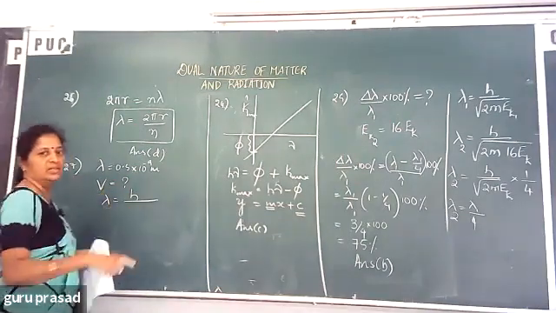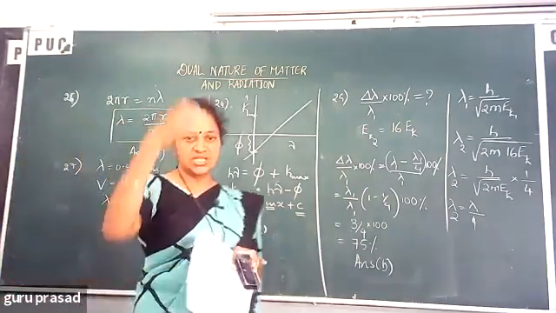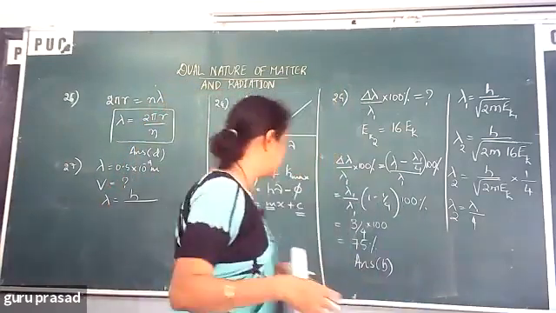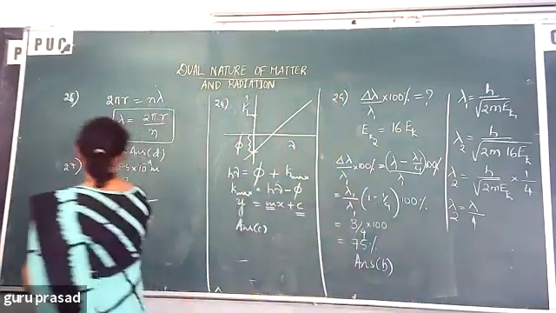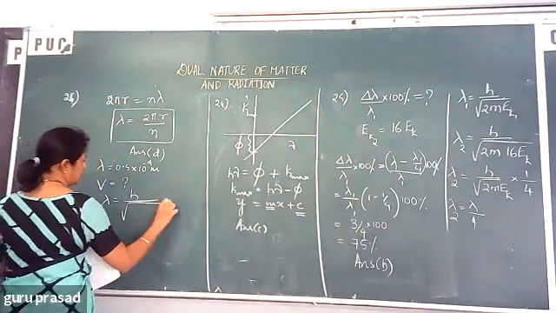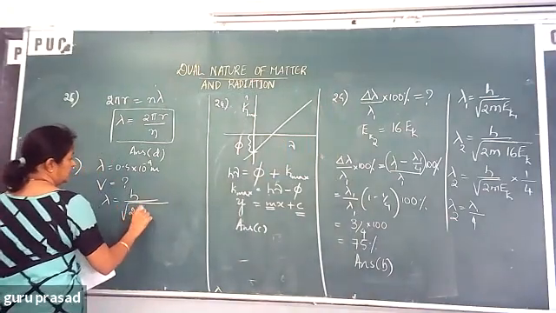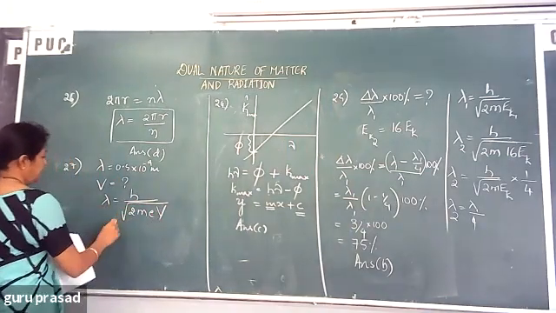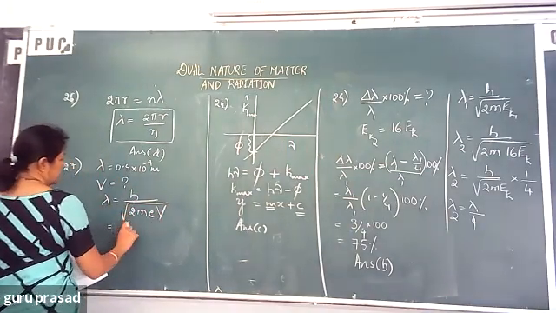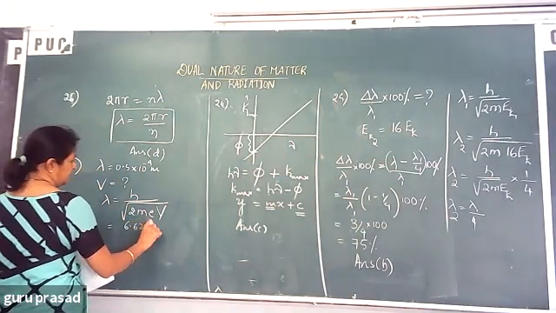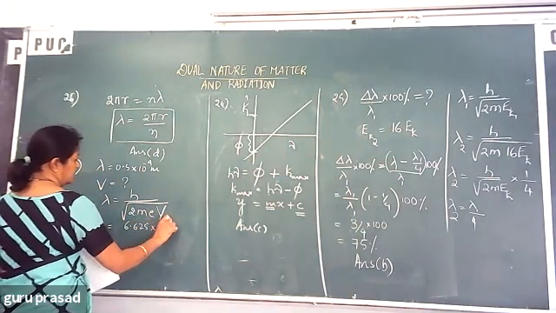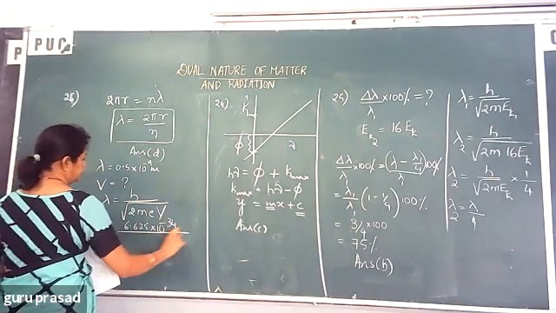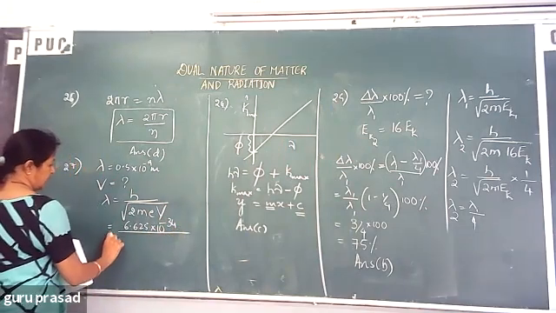I included all the problems having different equations for de Broglie wavelength. In terms of potential, it is h by square root of 2 meV.